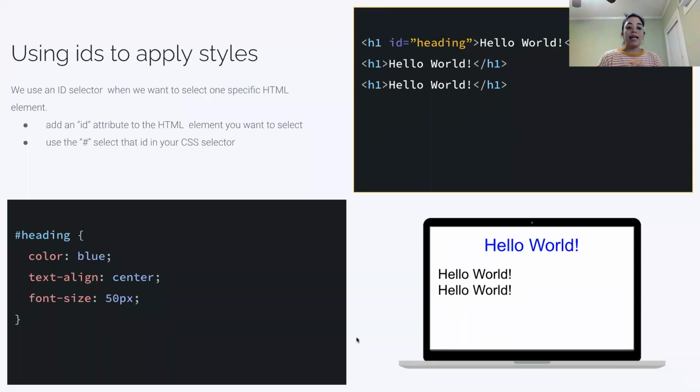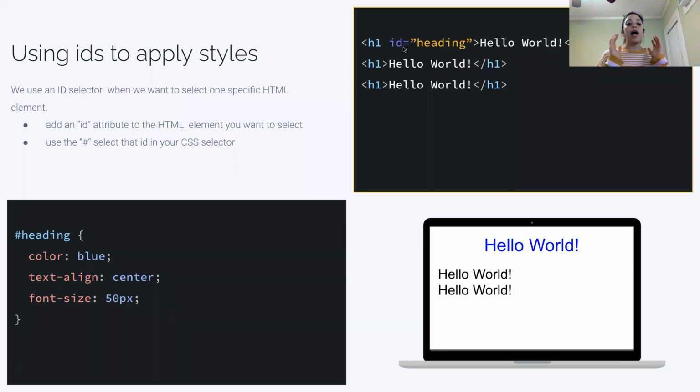Then we have ID selectors. So IDs, you'll notice, have a very similar syntax to the classes, right? It's an attribute going on the opening tag, but IDs are different than classes because you can only assign one type of ID for the entire document.